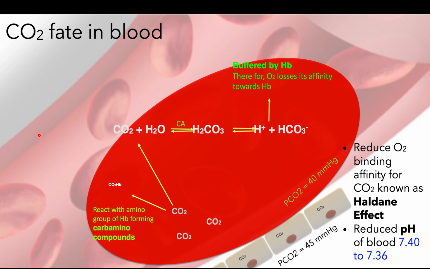So just now I did mention that when there is an increase in H+, the hemoglobin easily gives the oxygen away. That one I mentioned as the Bohr effect. So right now in this one, when they reduce oxygen binding affinity for the carbon dioxide, okay, maksudnya due to the H+ increase, carbon dioxide nak bagi tu, this one is known as the Haldane effect.